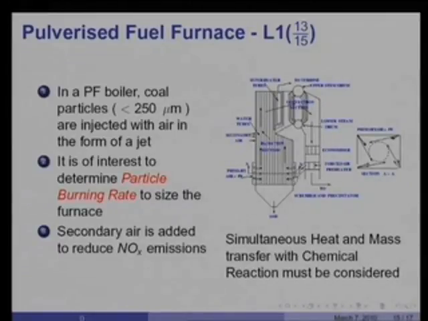If I take a cross section AA at this point, it will look something like this, and the burners are situated in the corners of the cross section, and the coal particles and air are injected in this manner so as to provide good mixing inside the furnace.